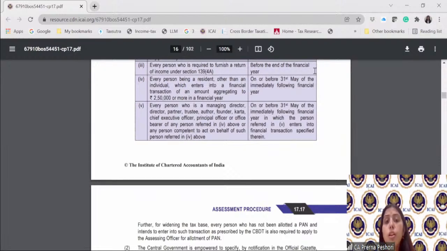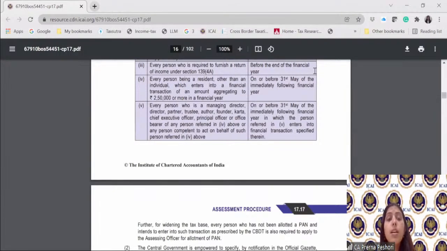So if you are not quoting your PAN also in respect of the transactions which we just now discussed, or if you are not disclosing it to the person who is deducting your TDS or who is collecting your TCS, right? So in that case also there's going to be penalty of 10,000. If you are giving a wrong PAN, then also it is going to be 10,000. If, say for example, you are not giving the PAN or Aadhaar number in the documents pertaining to any transactions you are entering.